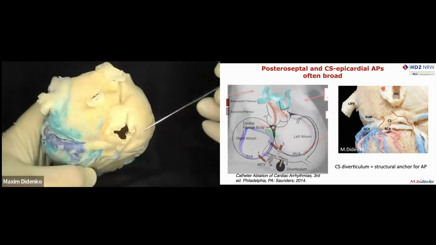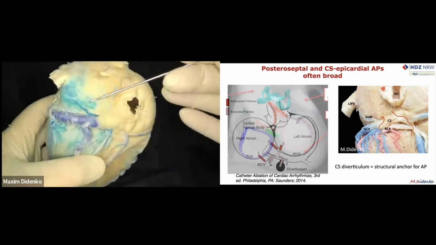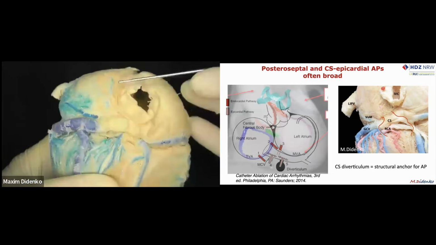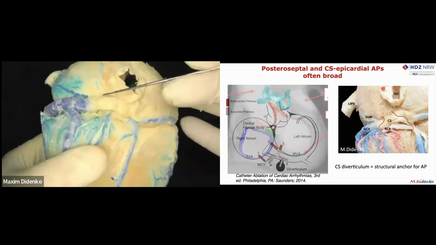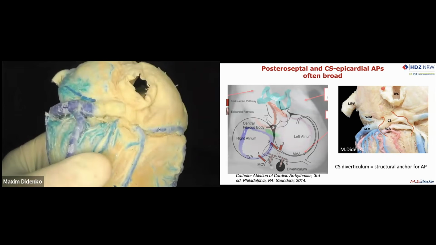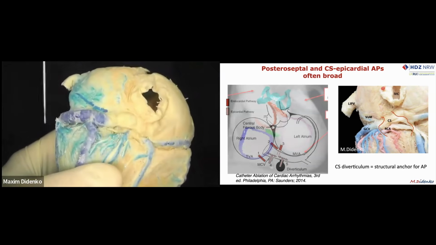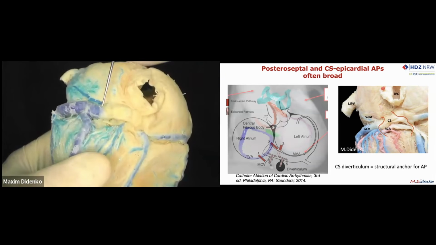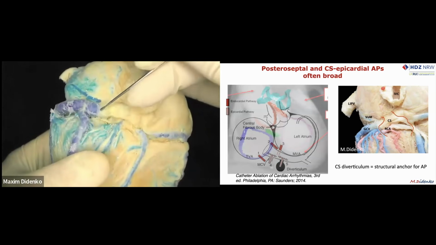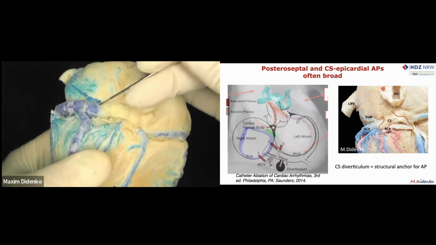This is the right atrium, the left atrium. What is the specific characteristic of this anatomical area? This is the coronary sinus here. In the EP lab we call all this structure the coronary sinus, but anatomically this is already the great cardiac vein. And the coronary sinus is ending here.